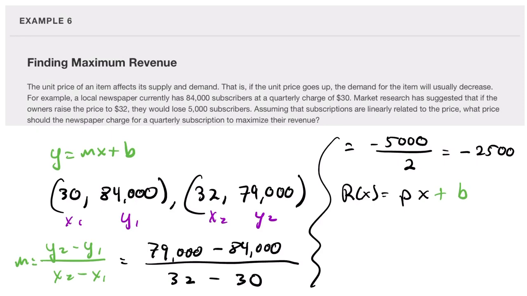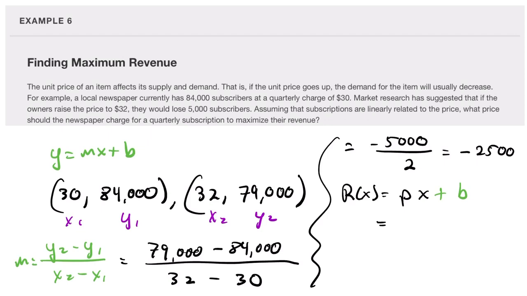That's the rate of change of the number of subscribers. Okay, so let me see. So here, X is the number of subscribers. The revenue, if we charge $30 per newspaper times 84 subscribers, we multiply those numbers to get the revenue.